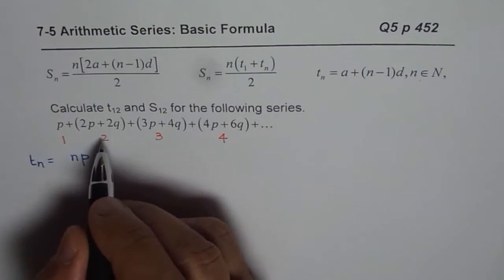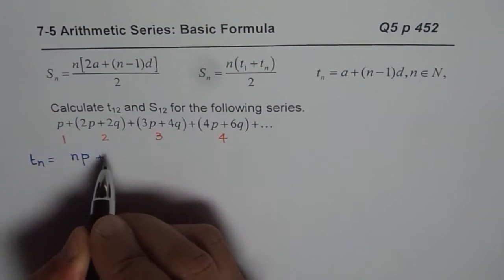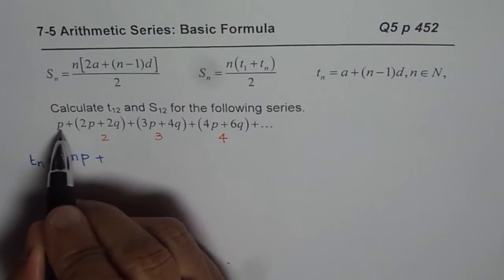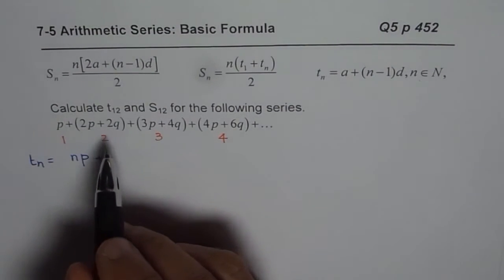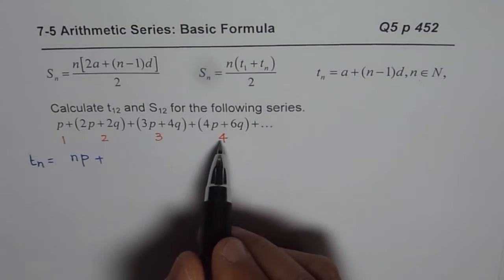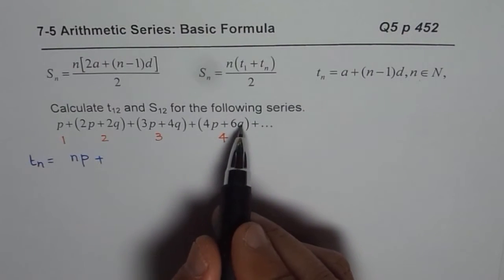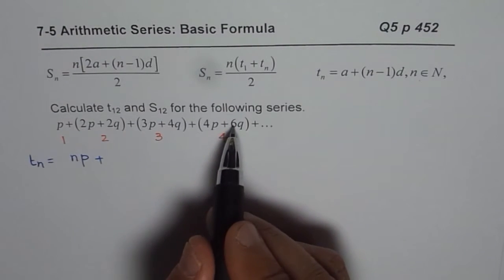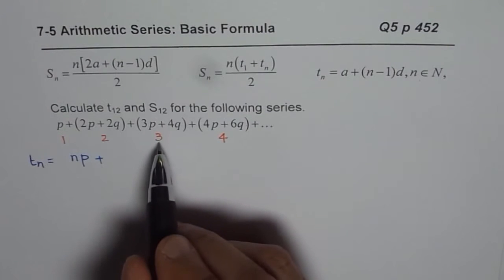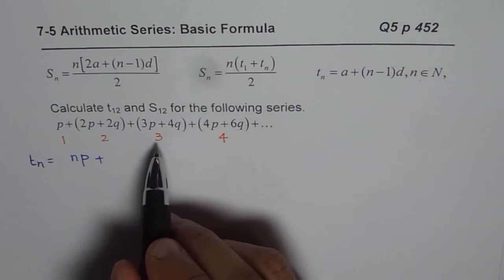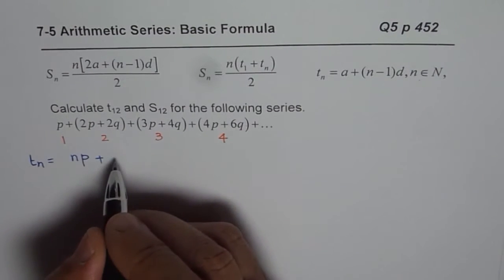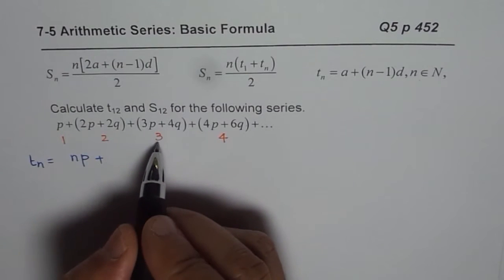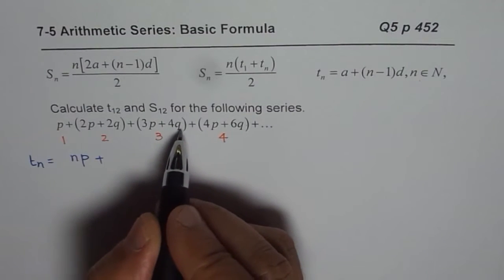So the number of q's, if I see it, here there is no q. So somehow we have to have a formula so that we have an even number of q's. So 4th term 6q: 4 times 2 is 8, take away 2q. 3 times 2 is 6, take away 2q. So that kind of gives you a hint, right? So it is twice the term number minus 2 q's.